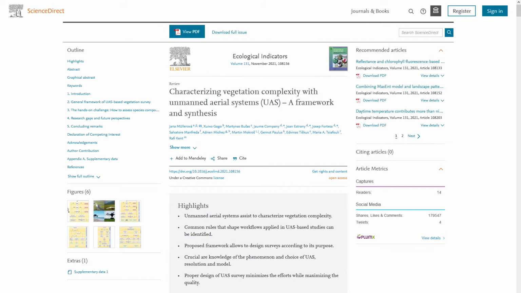Within this large network of many countries, we realized there is a need to set up some kind of general framework that would aim at standardizing and simplifying the process, making general recommendations.